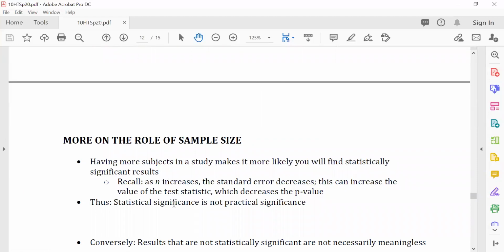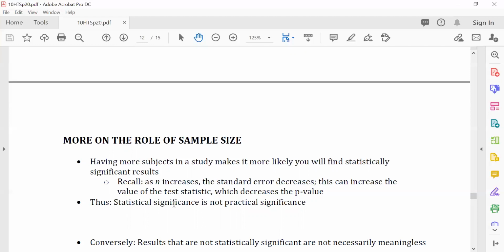But you may be having the statistically significant result just because you have a big sample size. So statistical significance is not practical significance. Having a statistically significant result does not necessarily mean that the result itself is of practical significance.